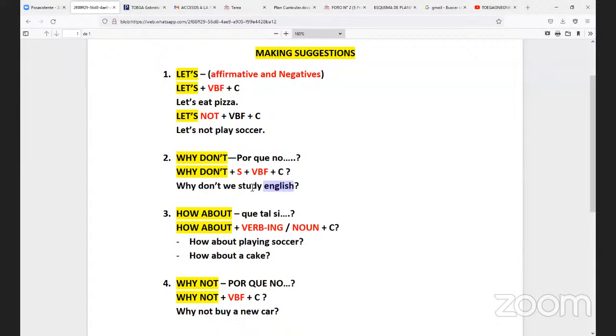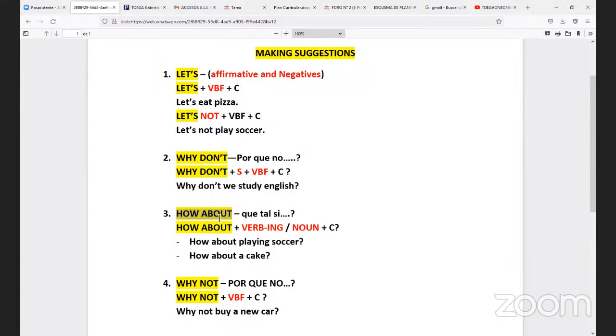So why don't we study English? ¿Por qué no estudiamos inglés? We can answer, yes, that's a great idea, or yes, I like that suggestion, or of course. We can have different kinds of answers.